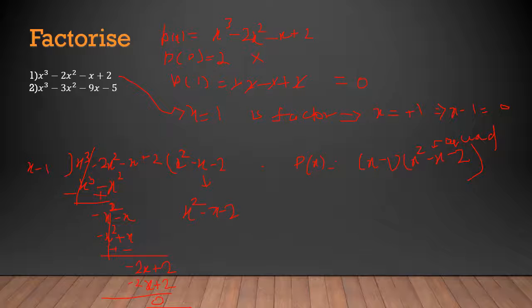X square minus x minus 2 is equal to x square minus 2x plus x minus 2. We have to take x common, x minus 2, plus 1 common, x minus 2, equal to x plus 1 into x minus 2.